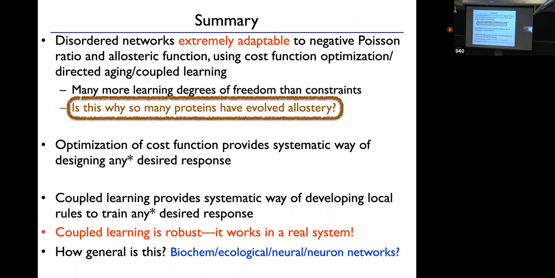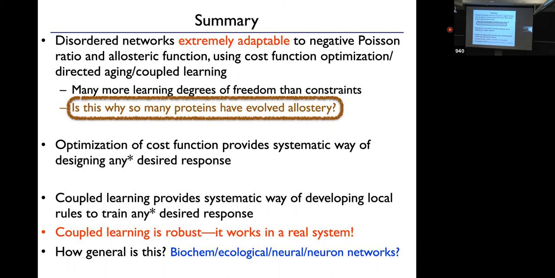So real proteins are operating well below the limit of how many targets, how many allosteric sites, they could have. And so again, this is surrounded by a bullshit line. Maybe that's why so many proteins have managed to evolve allostery, because as we found out, when you're well below that limit, it's really easy to do it. You hardly have to change many bonds at all in order to get it. And you're successful almost all the time. So maybe that's why it could have evolved.